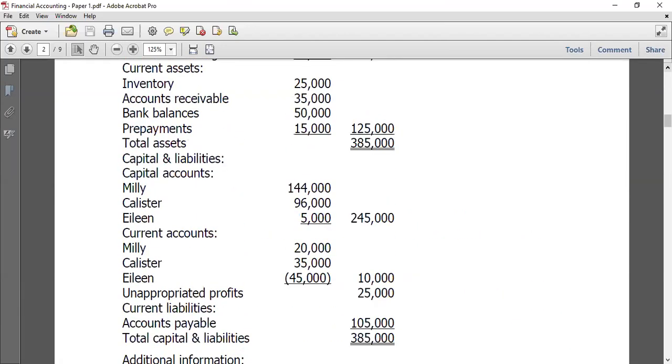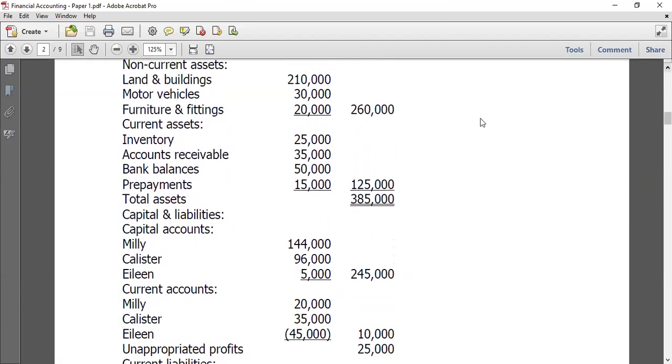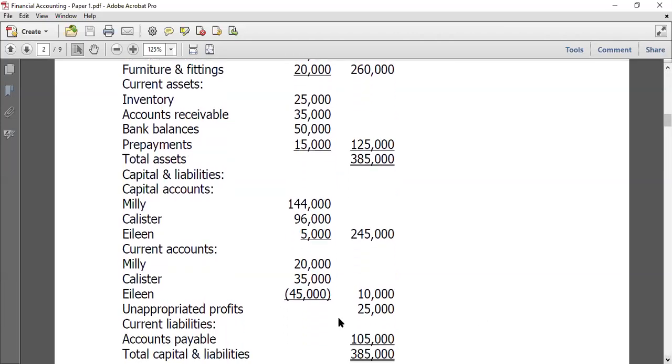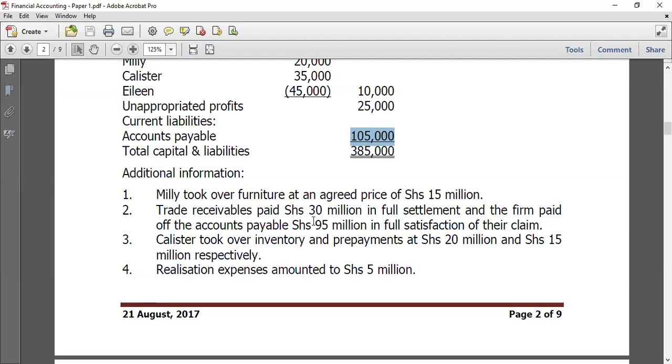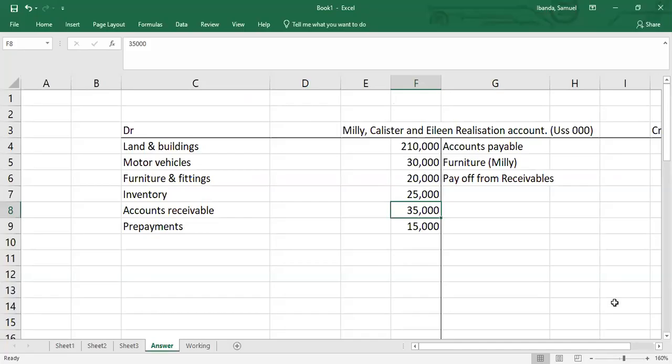Let's just see what is happening here. You see accounts payables were actually down here. They were 105. So they were paid, we gave 95 million. So this is the amount of money that we record within our bank as a payment.